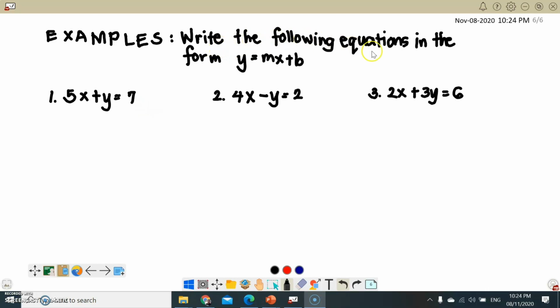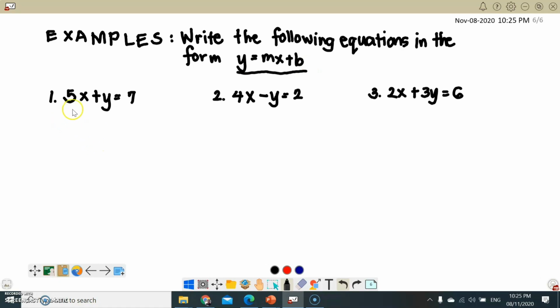Write the following equations in the form y is equal to mx plus b. All the given equations are written in standard form. Now let us transform them into slope-intercept form, following the form y is equal to mx plus b.